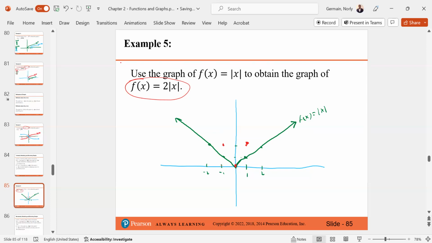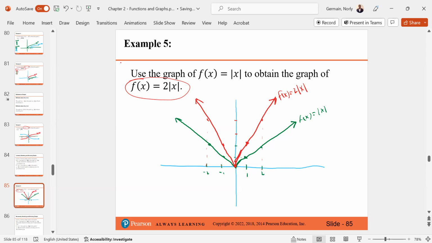If x is 2, absolute value of 2 is 2, and 2 times 2 is 4. -2 would also give you a 4. So that's why you would see your V, it's like it's shrunk. It's not stretched, it's shrunk. This is the function f of x equals 2 times absolute value of x.